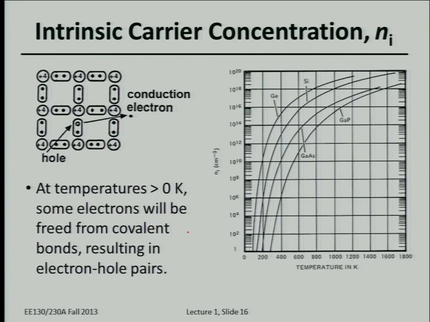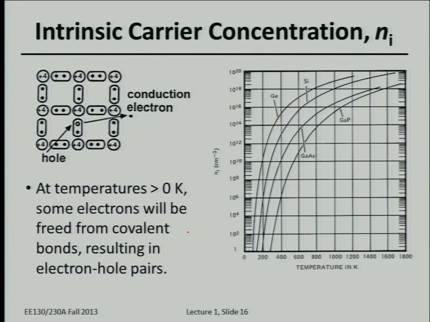And so how many electrons and holes naturally exist in a semiconductor? Well, in a pure semiconductor, every time you free an electron from a covalent bond, you leave behind a hole. So the number of electrons and holes has to equal each other in a pure semiconductor. And the likelihood that an electron can escape a covalent bond increases exponentially as you heat it up.